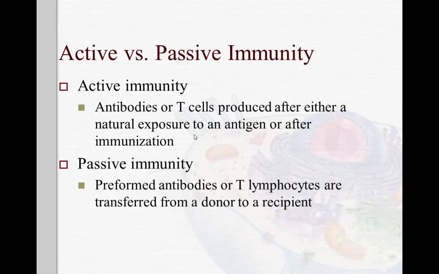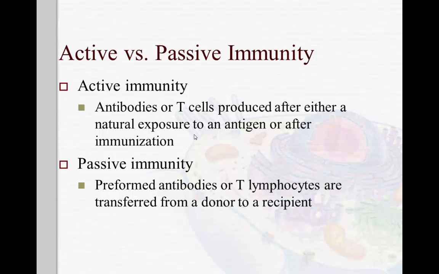If you have hepatitis, the antibodies created against hepatitis B are active immunity. Any disease process that you were exposed to, you create antibodies, and that is active immunity. Or any type of immunization: influenza vaccination, hepatitis B vaccination, MMR, any type of vaccination, including toxoids.